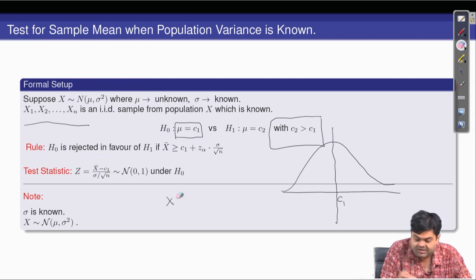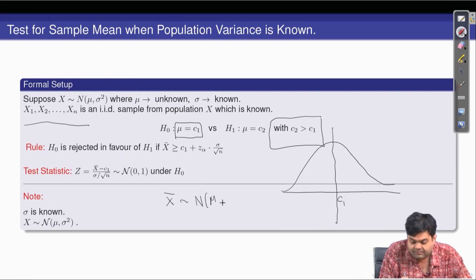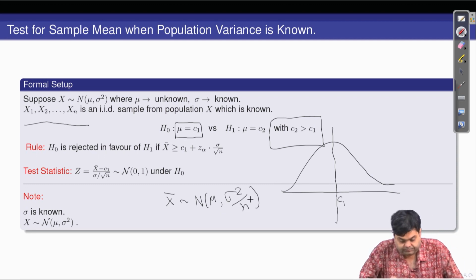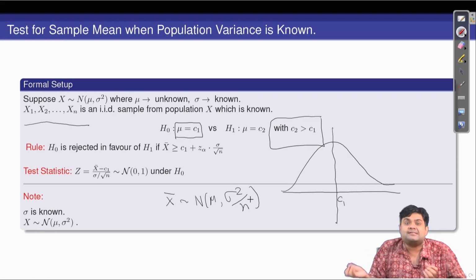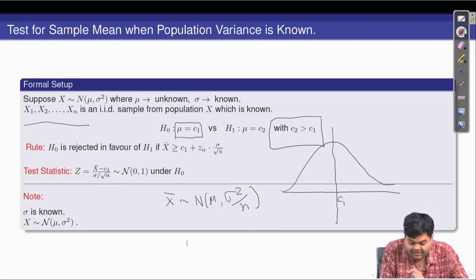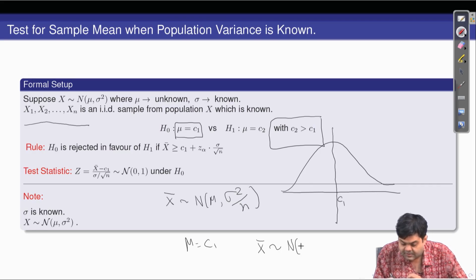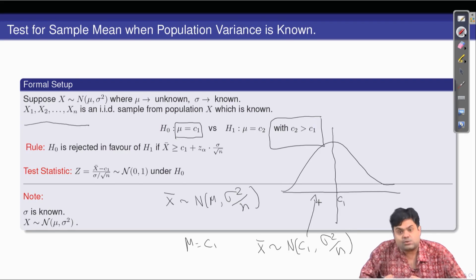We just saw the sample mean is normal with the same population mean, and the variance gets divided by n. So under C1, if C1 is the population mean, the sample mean follows N(C1, sigma square by n). Suppose this is the graph for N(C1, sigma square by n).